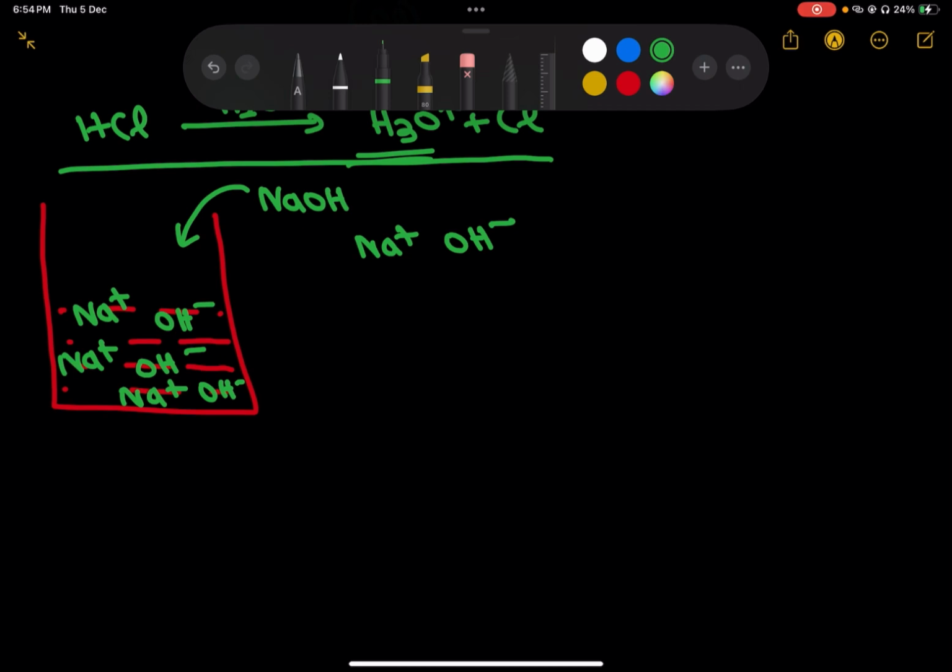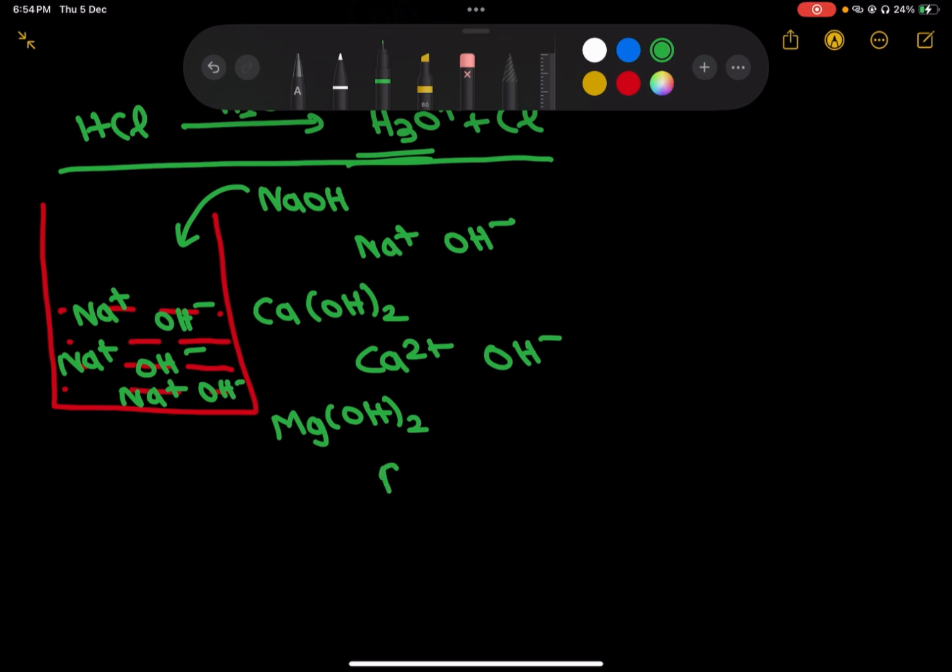Now if you put, for example, Ca(OH)2, again a base, it will form Ca2 plus and OH minus. If you put Mg(OH)2, magnesium hydroxide, again a base, it will form Mg2 plus and OH minus ions.